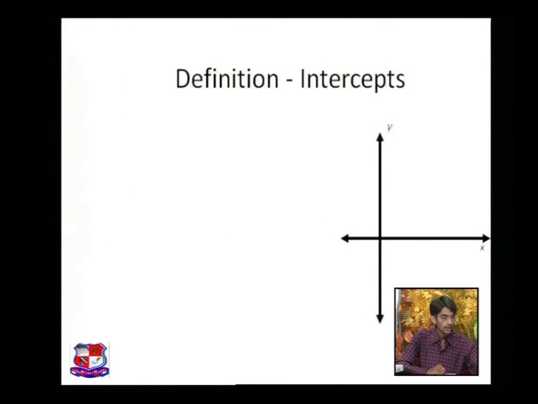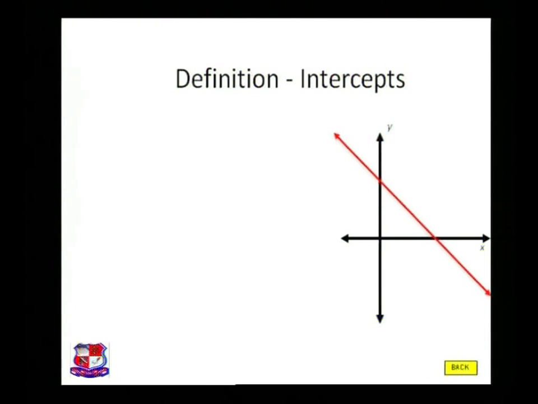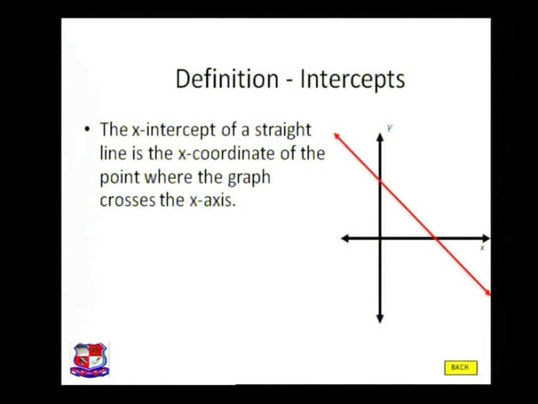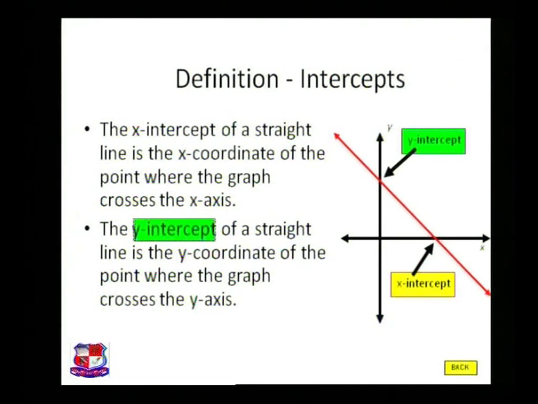Moreover, let us look at the intercepts of the axes. The x-intercept of a straight line is the x-coordinate of the point where the line crosses the x-axis, right? Here the x-intercept and y-intercept are indicated by the yellow block and the green block, okay?